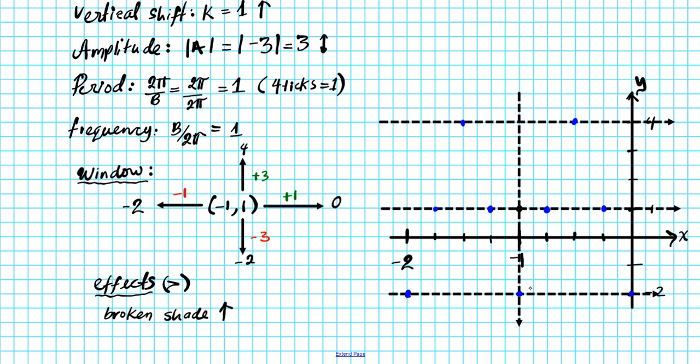So let's connect the dots. So this is concave up to the center. I'm going to try my best here. And then concave down to the max. Okay. And then we have concave down to the center. It's a little bit off. Let's try that again. Concave down to the center.